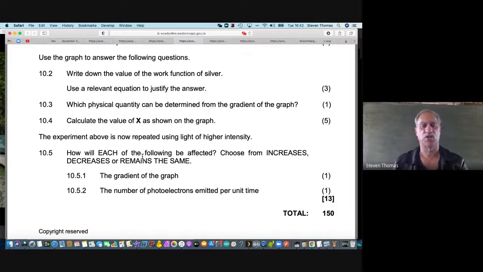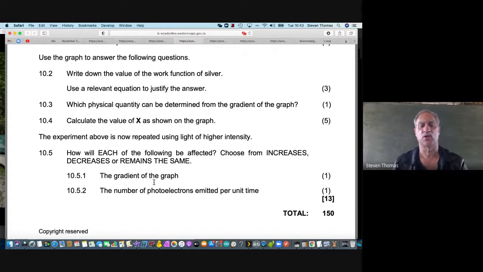Does it change the energy profile of the electrons? No. So this would be remain the same. The gradient will remain the same, but the number of photoelectrons emitted will increase. So we must always remember that the velocity doesn't change as we increase the intensity, but the number of electrons will increase.